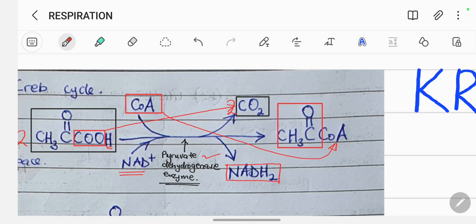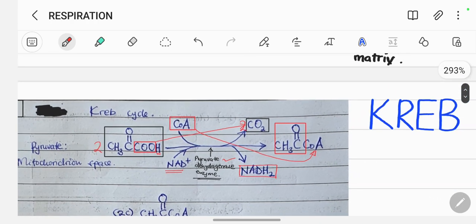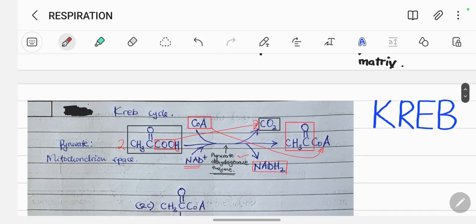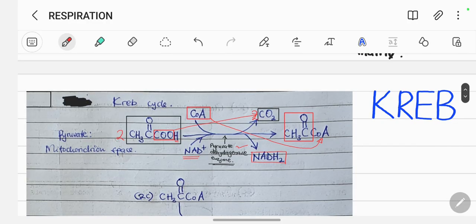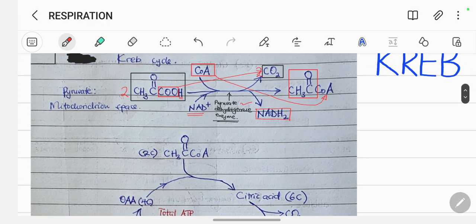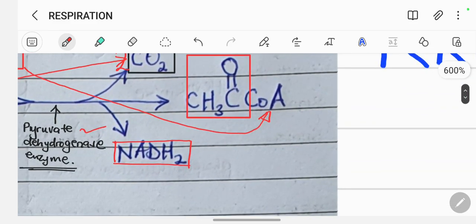So hope that one is clear. That is the process. If you understand the structure of pyruvic acid, you can at least narrate the process there.